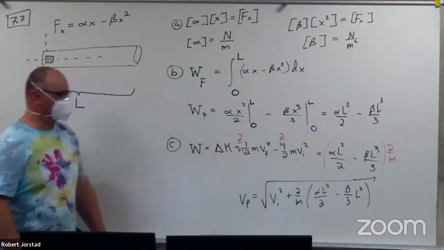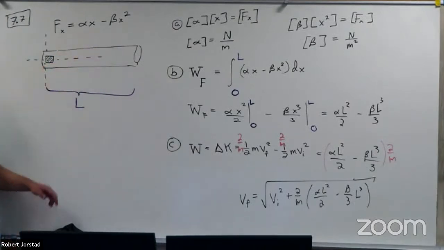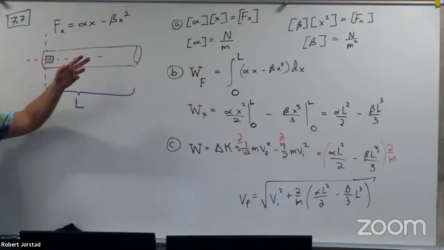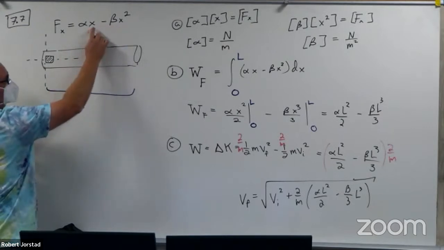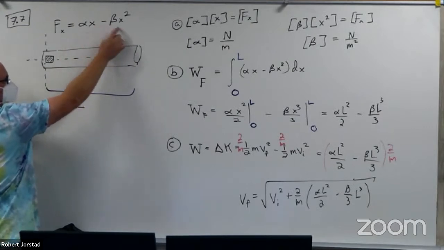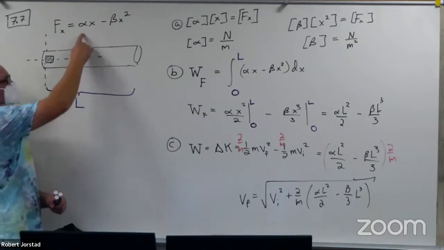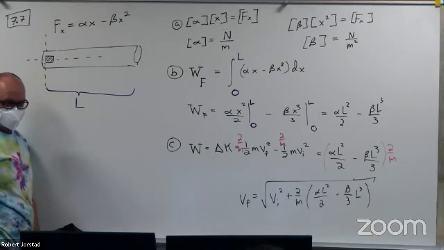In particular, if this is really the force, we could also say, well, at what point do I get no force? Now think about this. For small values of L, which one of these terms is going to be bigger? If L is a tiny, tiny number, which one of these is going to be bigger? How about this?